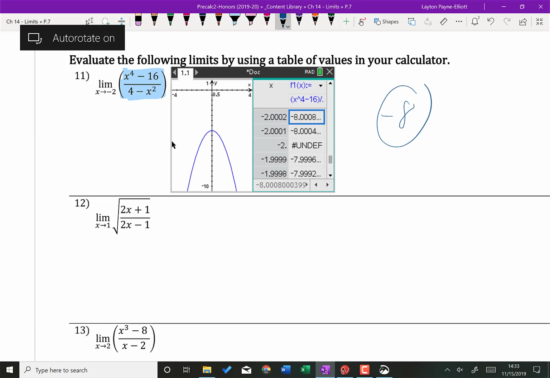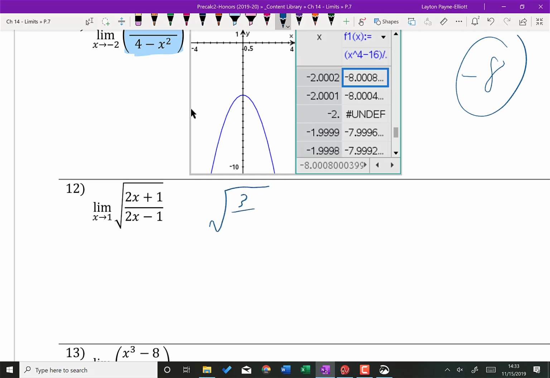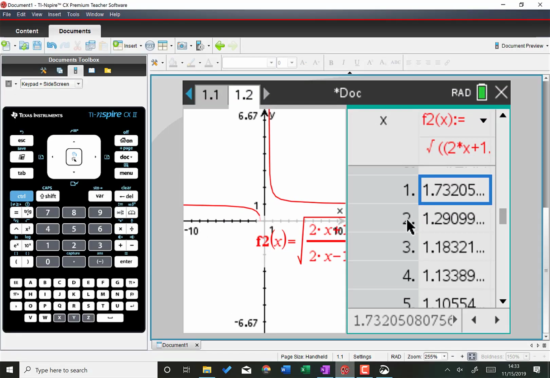If I plug in 1, if it's a point where there's no hole, that means that this was equal to f of 1. So I go radical 3 over 1, which is radical 3. And in fact, when I look at the graph again, 1.73 is radical 3. So, yay.